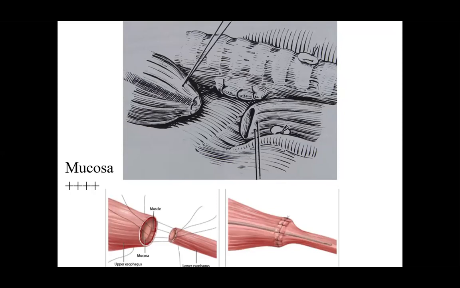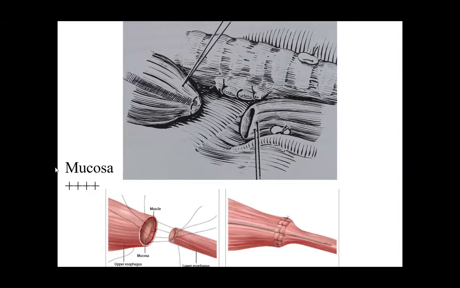So please enhance as much as possible the dissection of the upper pouch. And regarding the lower pouch, try to avoid extensive dissection, because this can compromise the vascularization of the lower pouch, and this can lead to anastomotic leak or anastomotic stricture. Afterwards we open our upper pouch and we perform our anastomosis.